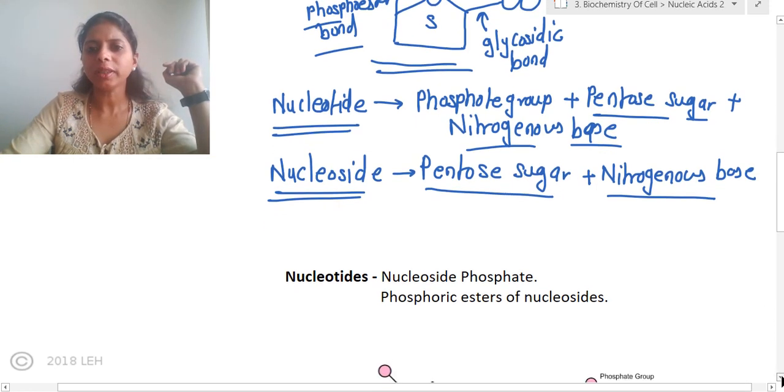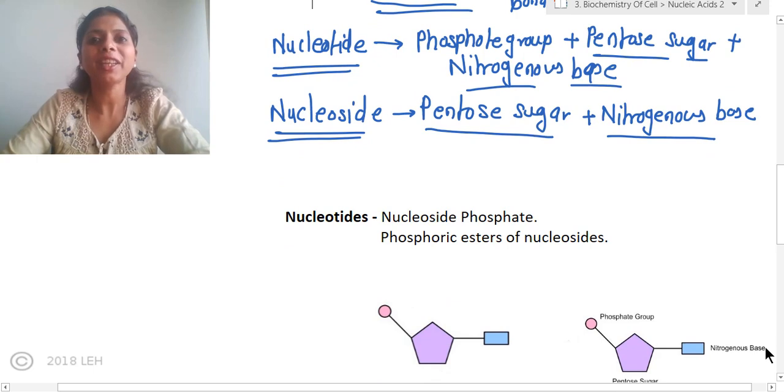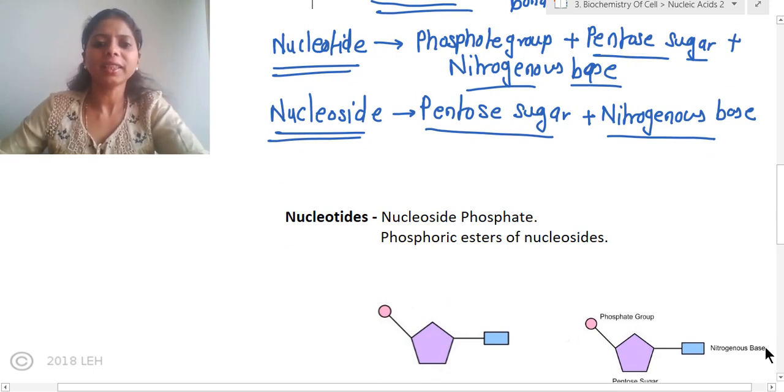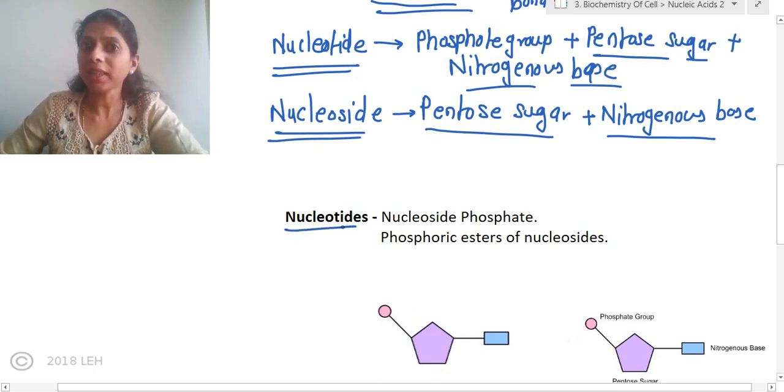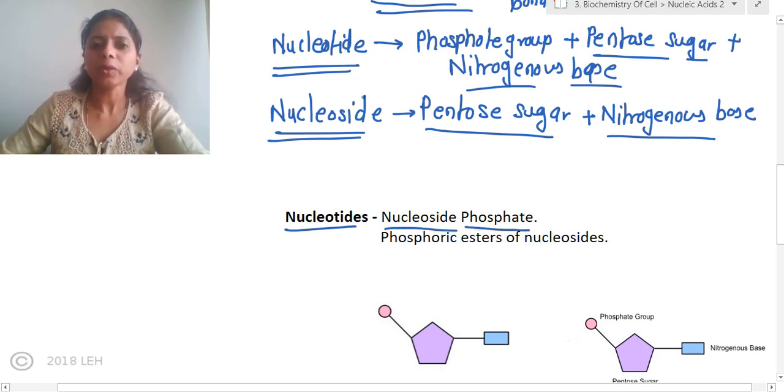Now one more statement is given in your book that you need to understand properly. When we consider this nucleotide, there are two terms chemically applicable for it. The nucleotide is also called nucleoside phosphate. Nucleoside is already there. Suppose I attach a phosphate group to it, it will become a nucleotide.